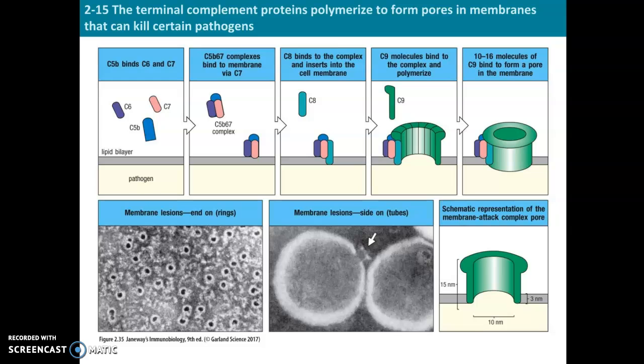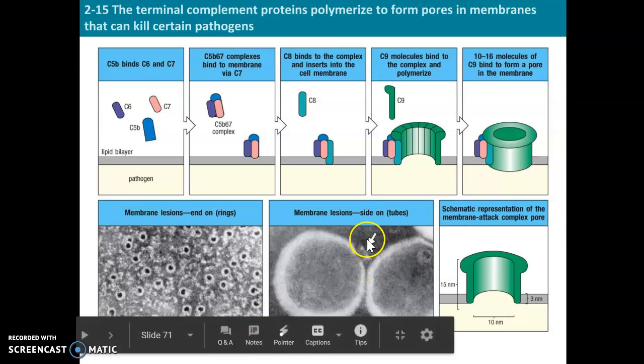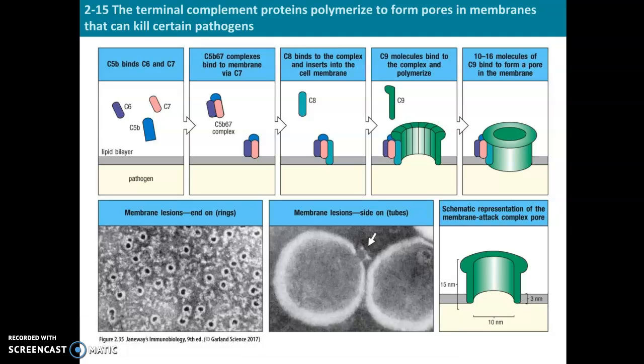And then you recruit a whole bunch of C9s, which create a pore. And this is a really big pore. Look at that arrow pointing at that pore. This is the bacterial cell, and see that protein complex there? That's a straw that's going to cause the guts of the cell to just burst out of the cell.